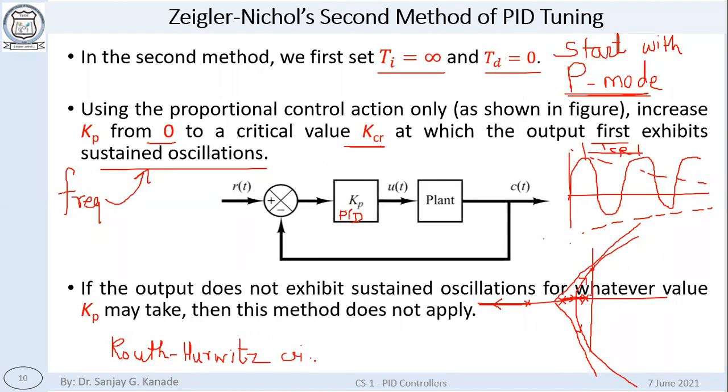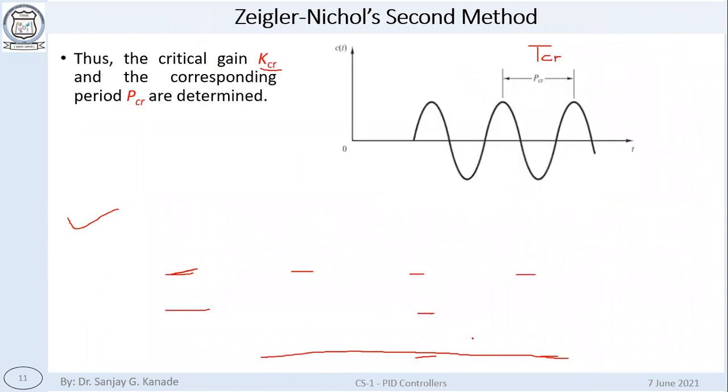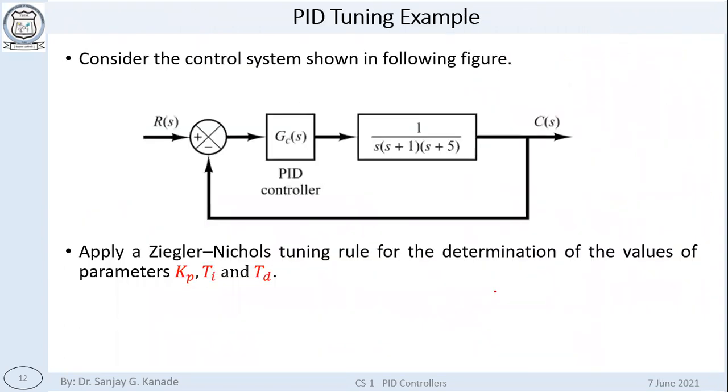So you are going to need to solve one problem using the Routh-Hurwitz criterion. Now it is homework for you to revise it, because in the next lecture I'm going to illustrate the PID tuning with an example.